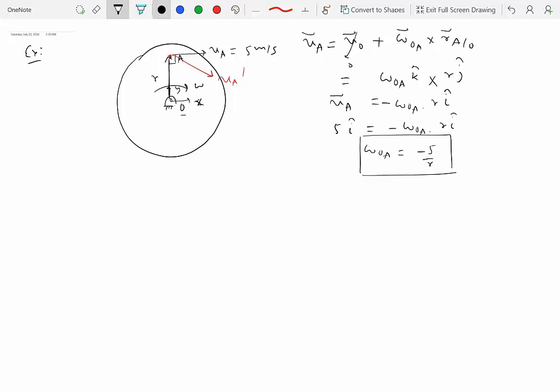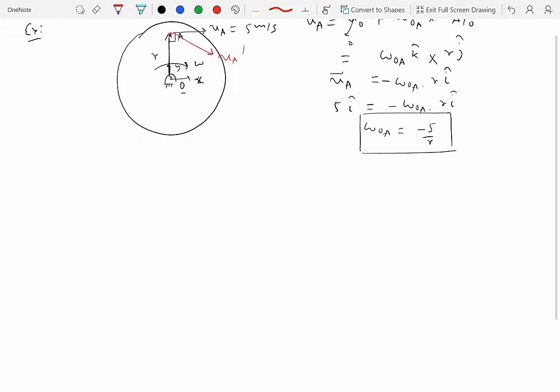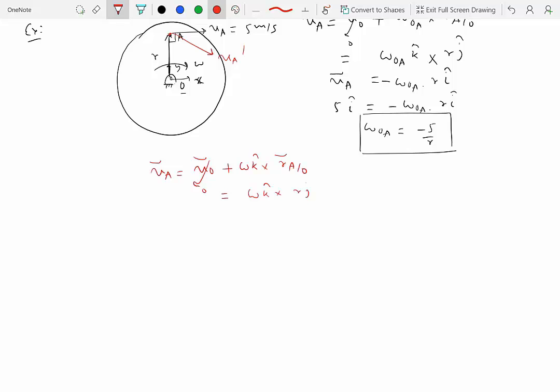Because if you look at the velocity relationship between A and O, it is VA is equal to velocity of O, which is 0, plus omega k hat cross R of A with respect to O, right? So this quantity is basically omega k cross R j hat, and that is minus omega R I hat, right?